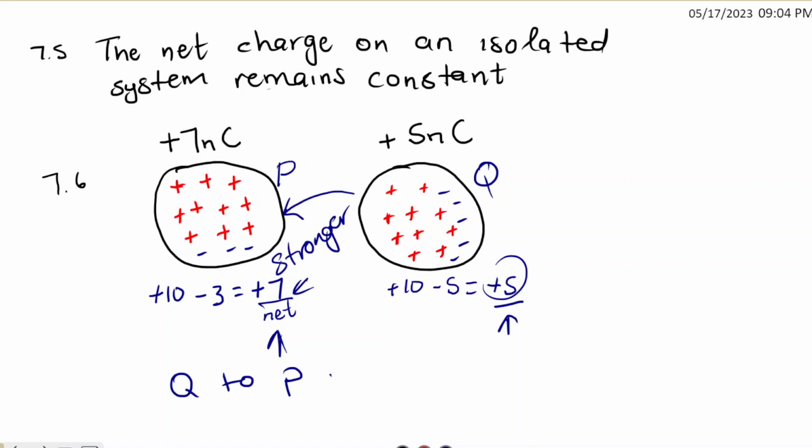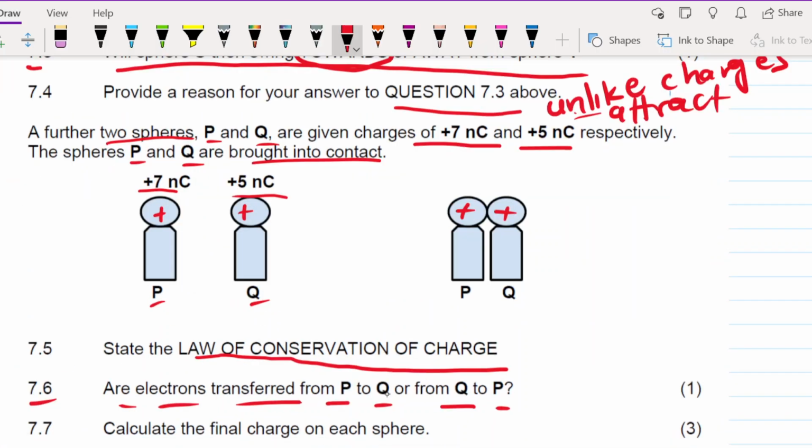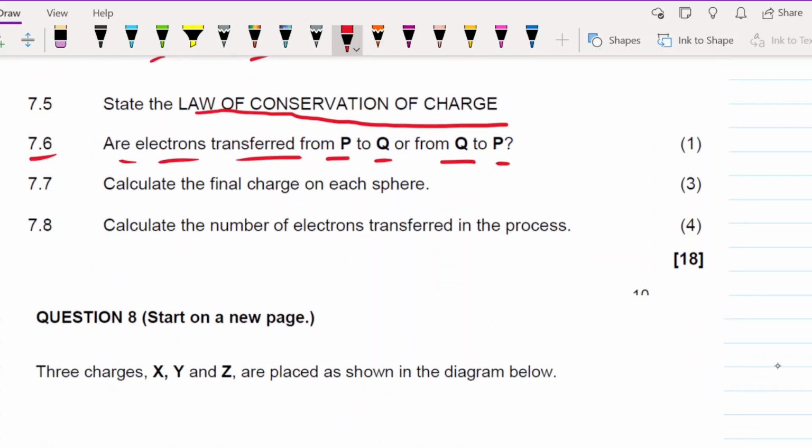Okay, now let's continue to 7.7. For 7.7, they are saying let us calculate the final charge on each sphere, for 3 marks.